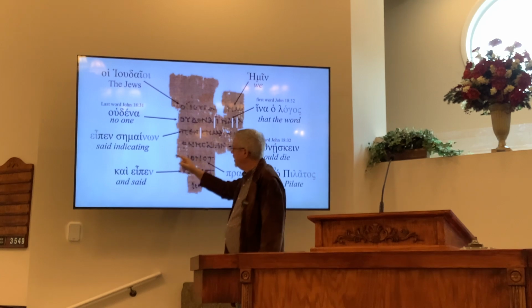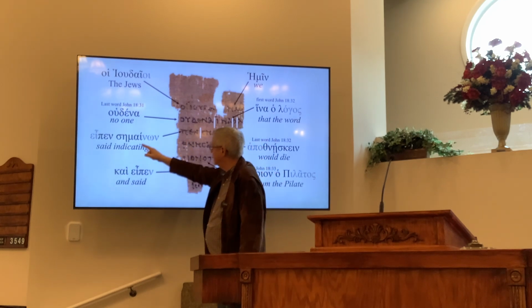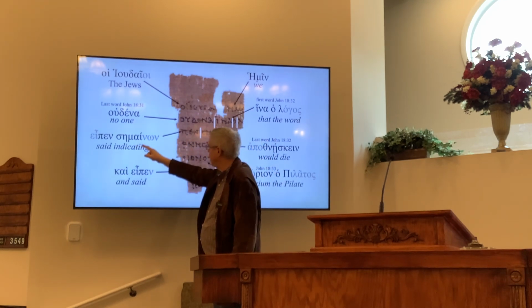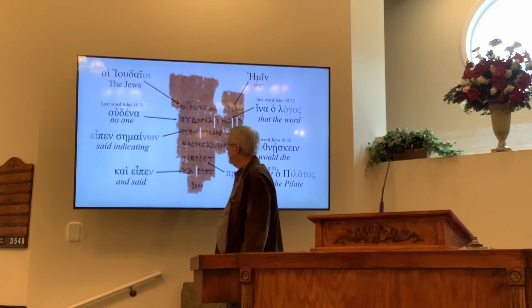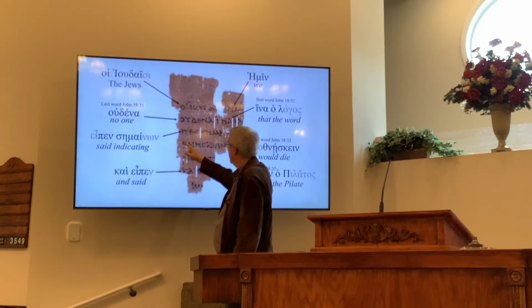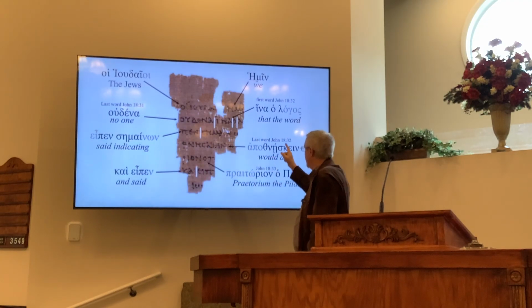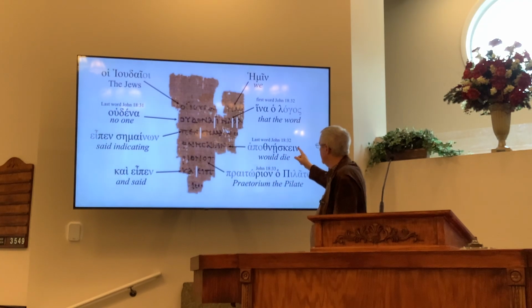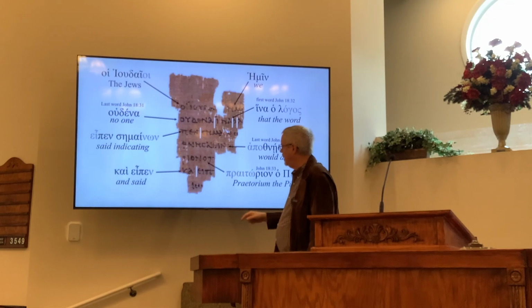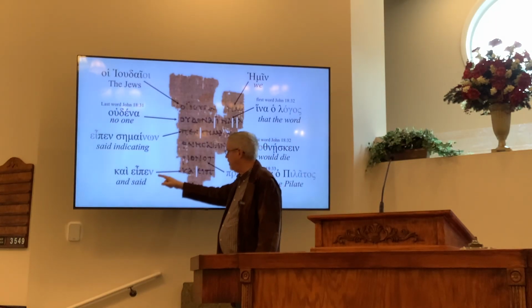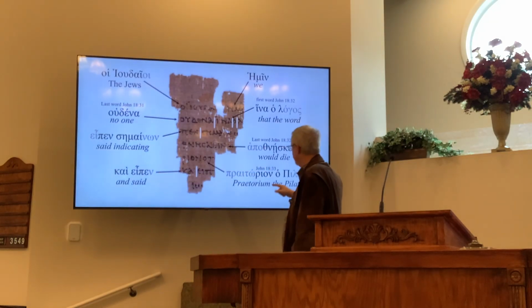And coming over here, we have the last part of Apin, Semanon, rather, which is said, indicating. And then we have the last word of verse 32 over here, which is apothneskain, which is would die. And then we have kai epin, which is and said.